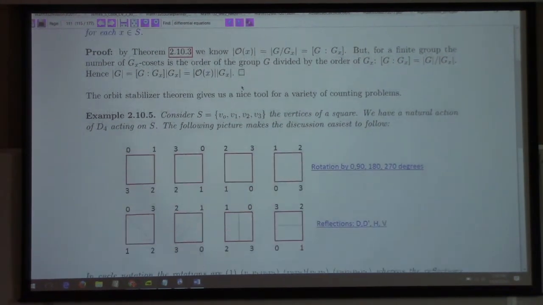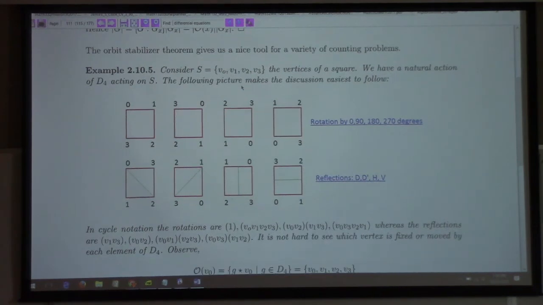This allows for beautiful counting problems. Here's one. So if we think about a square, right? Actually, what we're thinking about is important: to identify the set of objects which we're going to act on. All of my examples up till now in class have been kind of boring. They've been just an arbitrary set.